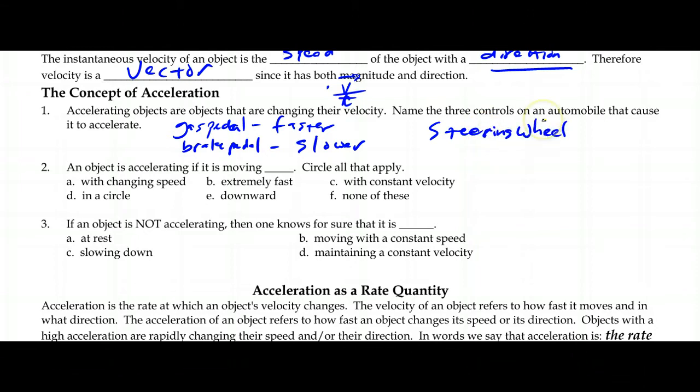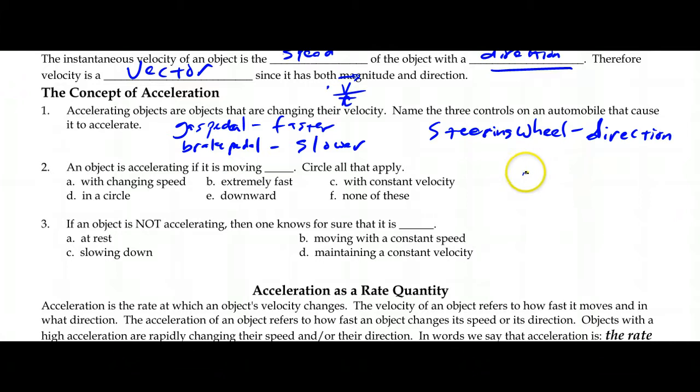Not because it makes you go faster or slower necessarily, but because it changes your direction. Okay, so anything that makes you go faster, slower, or changes your direction is going to be a device that causes acceleration.